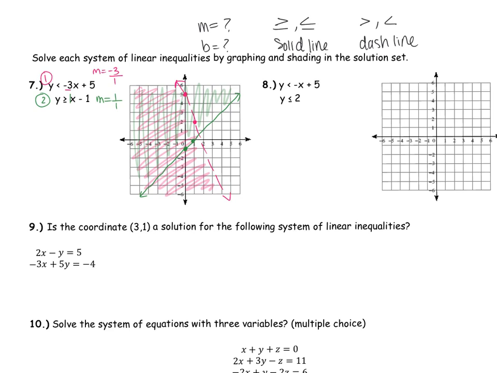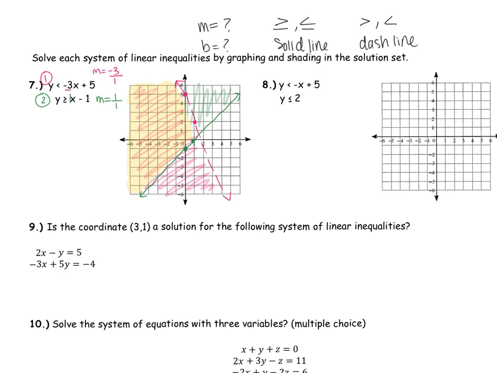So that tells me that it looks like my graph intersects right here. So that is my solution set or my intersection. So this is the part that I really care about for our graph. So I'm trying to figure out where do both colors meet, and they actually meet right here.